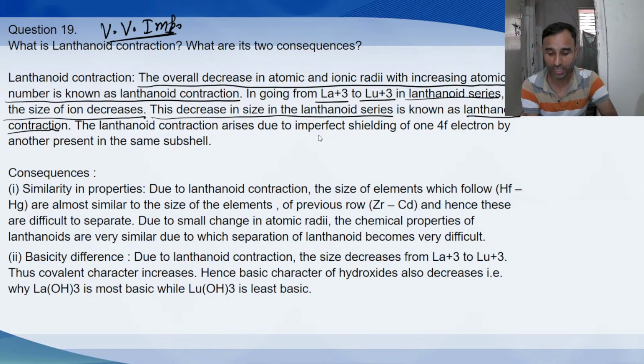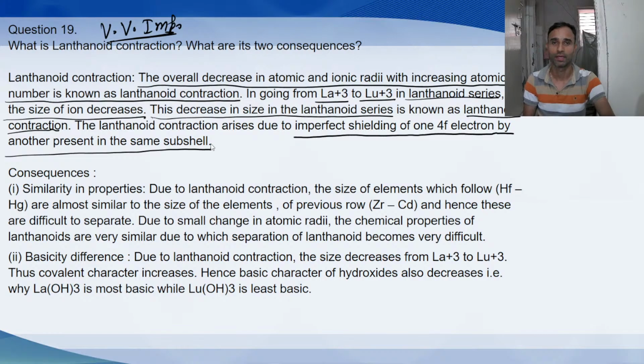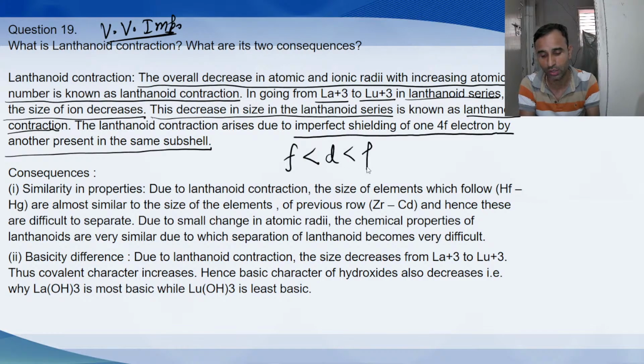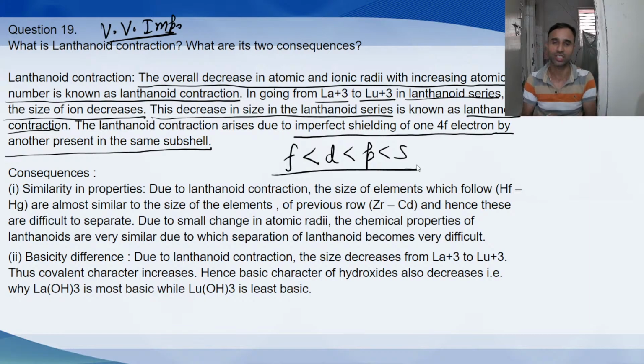And it is arising due to, as I have already said, imperfect shielding of one 4f electron by another present in the same subshell. Imperfect shielding, because shielding of f is poorer. What is the order? Shielding of f is minimum, then it is d, then it is p, and then it is s. Means maximum shielding is provided by s electrons, then p, then d, then f.